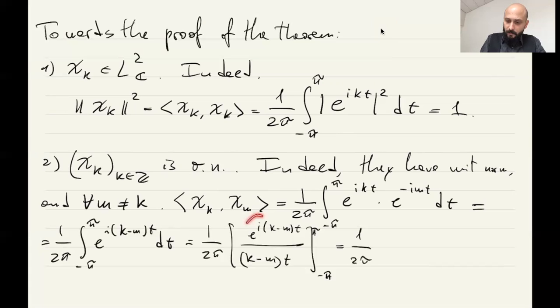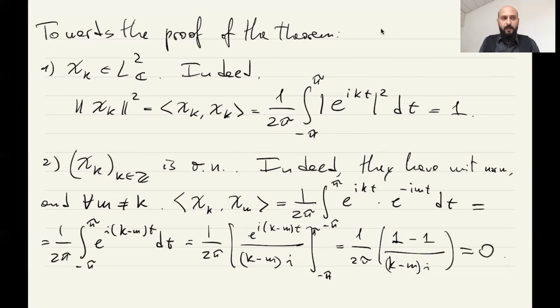At pi, the sine is 0, the cosine becomes plus or minus 1, and the same thing happens at the other extreme, so this is 1 minus 1 over i(k-m), and this difference is 0. Okay, so they are orthonormal.